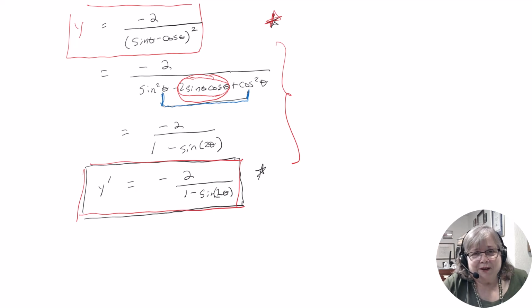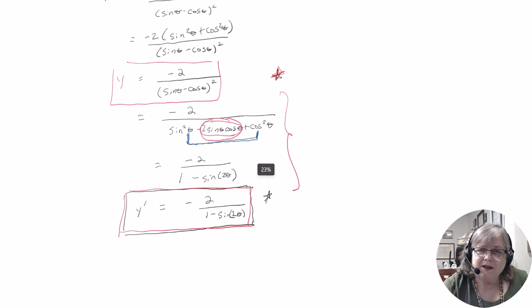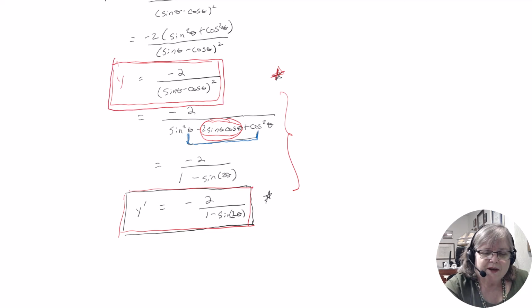But what I do know is it is well worth your time to try to look at the original problem and see if you can manipulate it before you get started to something easier. And it is well worth your time to look at the answer that you're considering boxing in right here and determining if there's something you might be able to do with that to clean it up just a little bit more.